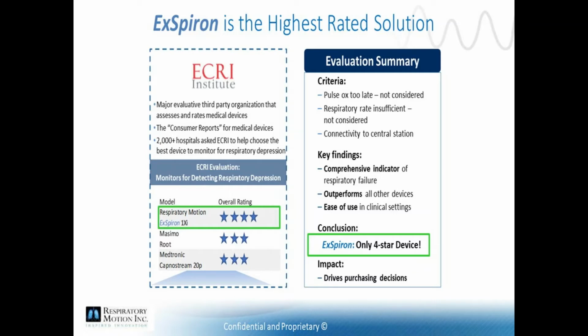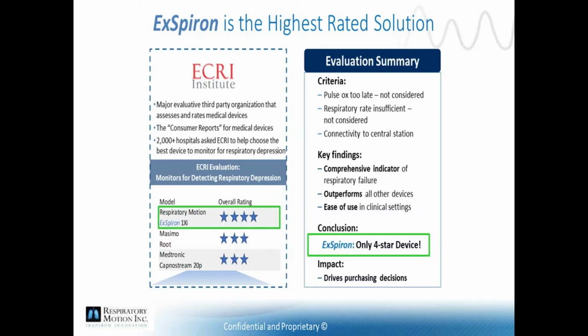ECRI is a well-thought-of group that assesses technologies and products for hospitals. It's like the Consumer Reports for medical devices. There are over 3,000 hospitals that look to ECRI to help them make choices between available medical products. Going back to 2016, ECRI evaluated monitors for detecting respiratory depression. They did not look at pulse oximetry because its data is provided too late. They did not look at respiratory rate because the data was found insufficient.